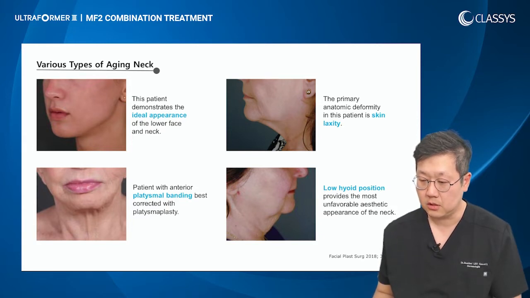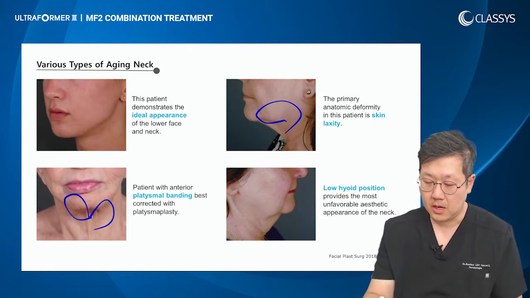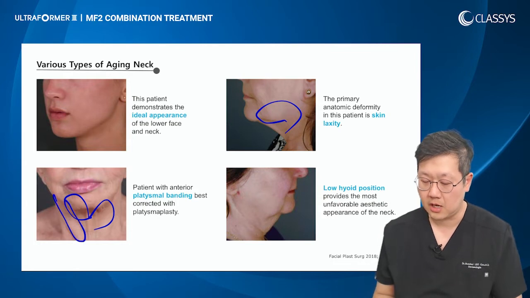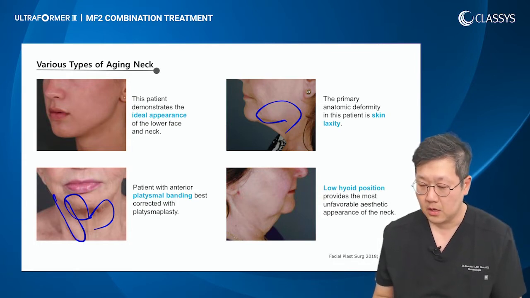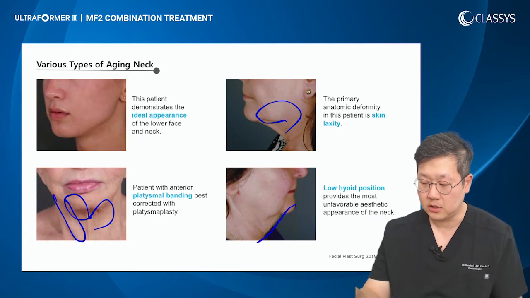But usually, skin laxity comes with the first differences in the jaw area, and we can see more prominent banding, with the platysma banding here and the prominent associated muscles here. When bone absorption happens with a low hyoid position, it makes this kind of drooping all the way around, which is a very unfavorable appearance of the neck.